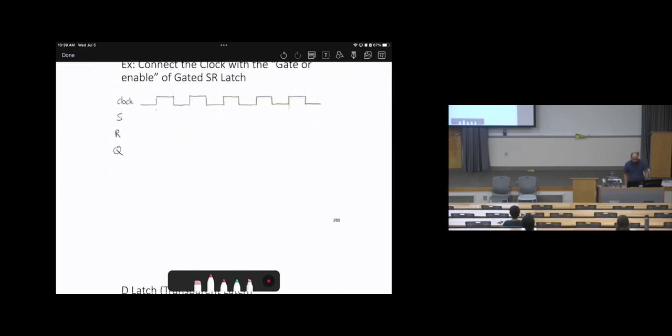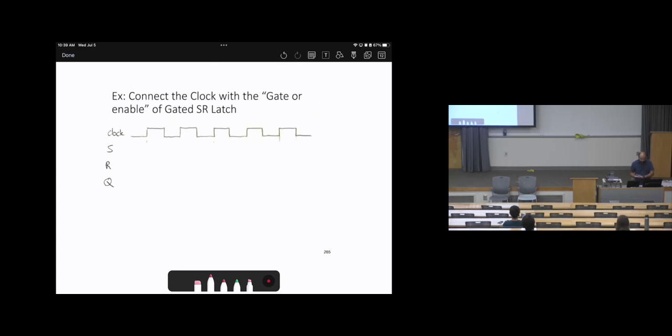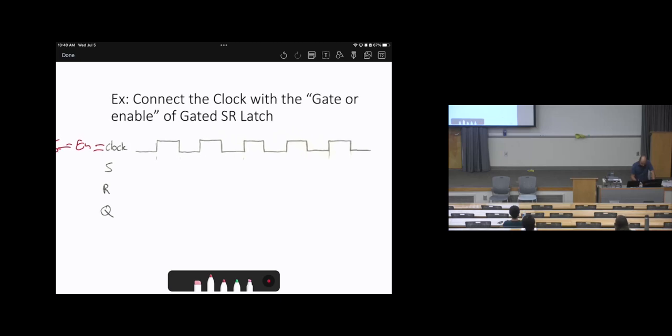So let's assume this scenario. Here is the clock. Then there will be S and R. Most likely, sometimes the enable button can be connected to EN or to the gates or to the clock. Let's assume for some reason we connected the enable to the clock. So what shall we do? Let's assume S is given this way.